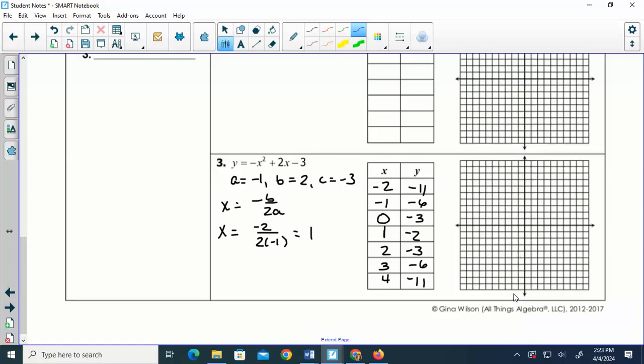So we can kind of estimate it. -1, -6. 0, -3. -2.